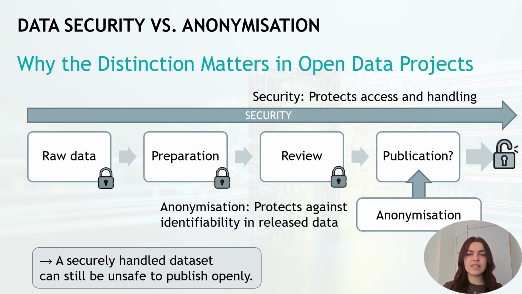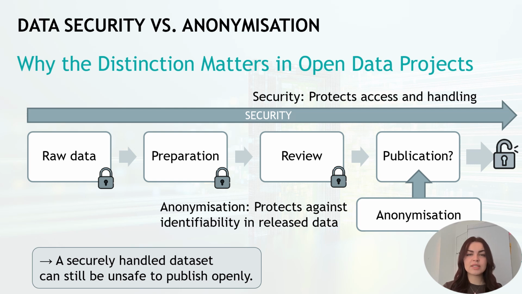We have now seen that security and anonymization are both necessary in open data projects, but they do different work. Security protects data throughout the workflow, while teams handle raw data, review files, manage access, and prepare publication.